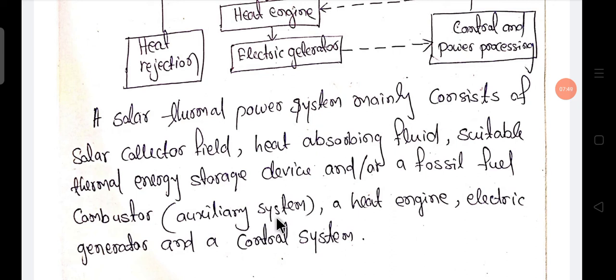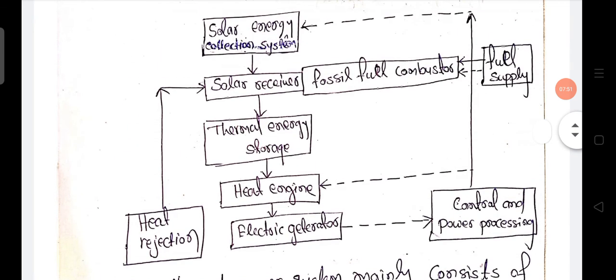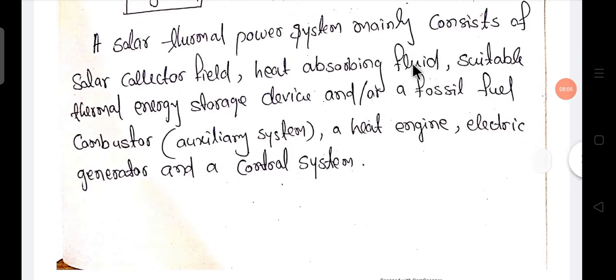Auxiliary means a backup device for emergency purposes only. It also has a heat engine, an electric generator and a control system. These combined give a system which is called a thermal power system or thermal power plant.